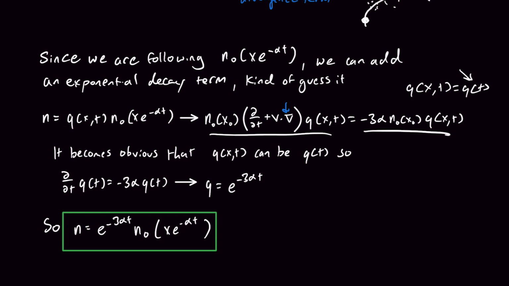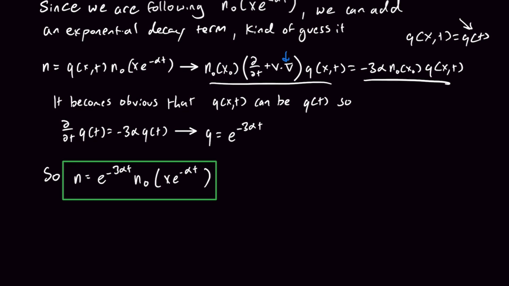And then it becomes obvious that the time derivative of q is -3 alpha q of t. And that simply makes q equal e to the -3 alpha t. So combining that back again with the original, we get n equals e to the -3 alpha t times n0 of x times e to the -alpha t.